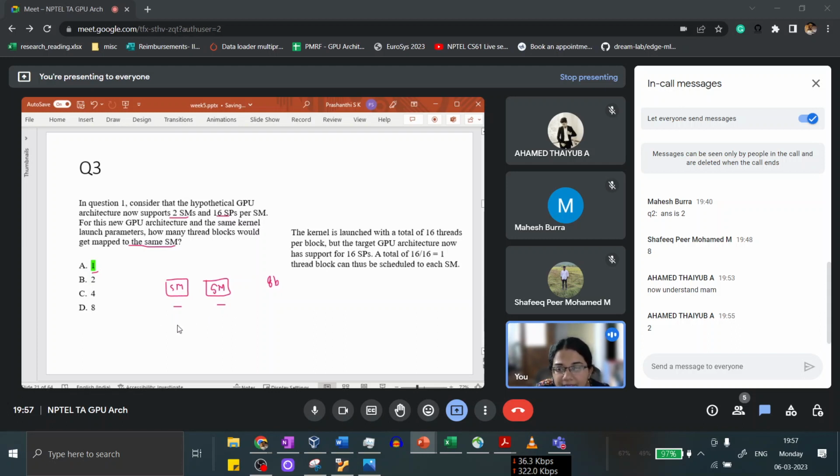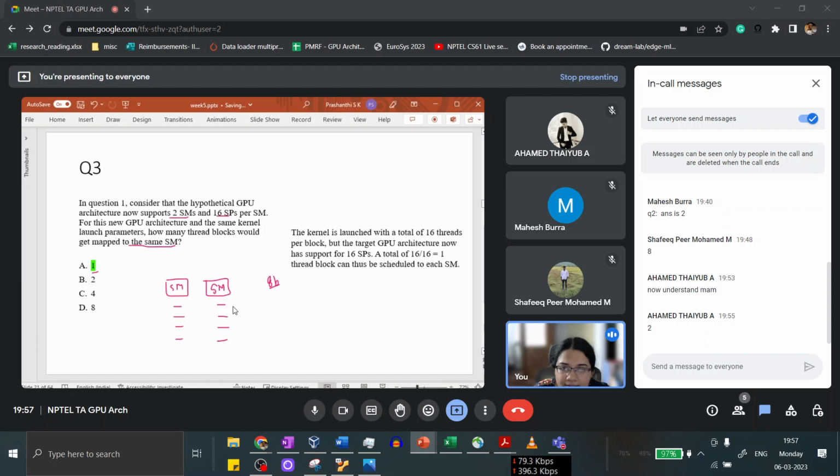This is all. We cannot do any more because we have a limitation on the number of SPs. So only 2 blocks are over out of the 8 now. So the second time we'll schedule the next 2, and the next time we'll schedule the next 2, and then we'll schedule the next 2.